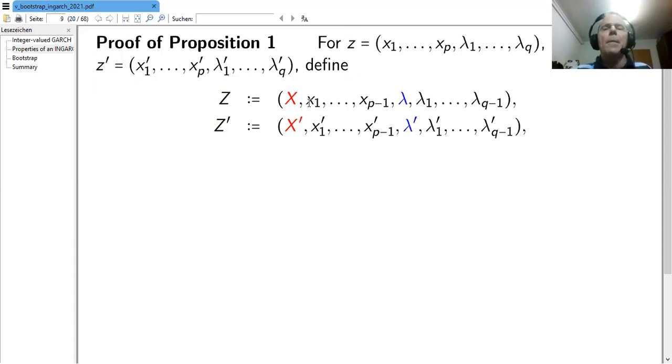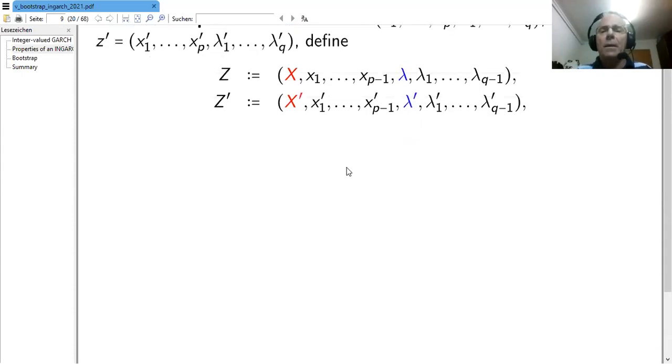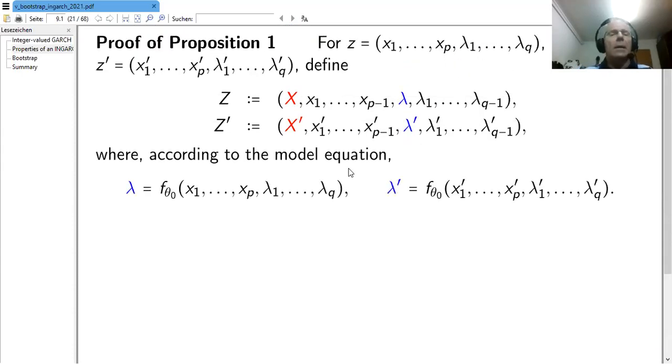So most components of these random variables, capital C and capital C prime, derive from small c and small c prime. We only have to define this and that component and this and that component. The definition of lambda and lambda prime has, of course, to follow the model equation.